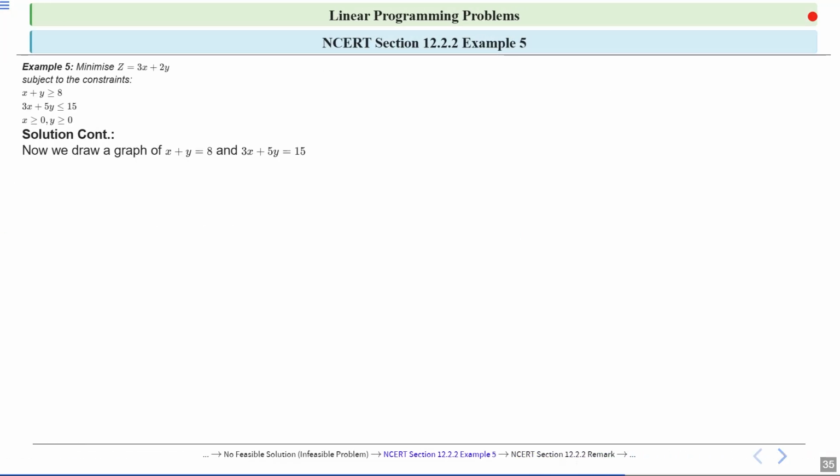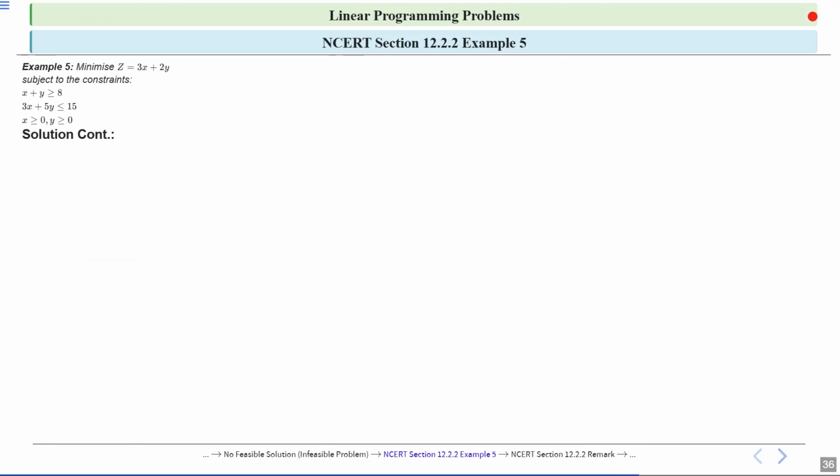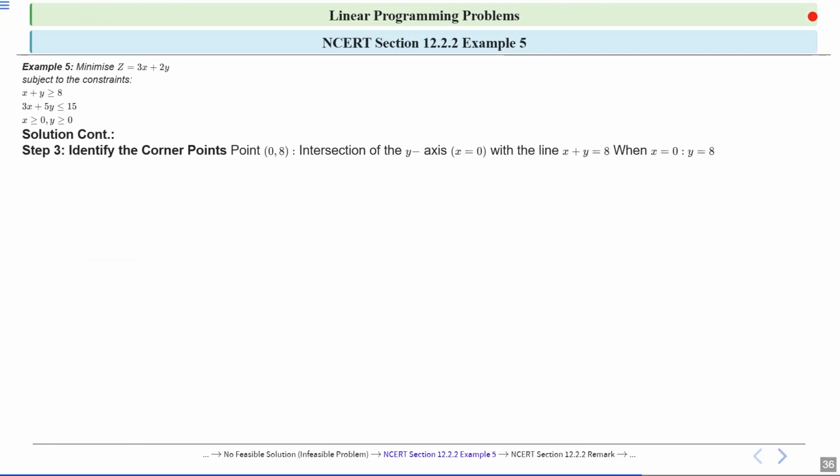Now we draw a graph of x plus y equals 8 and 3x plus 5y equals 15. And this is our graph. Okay, so let's look at figure 12.6. And now let's identify the corner points. Point (0, 8), intersection of the y-axis, when x equals 0, with the line x plus y equals 8.